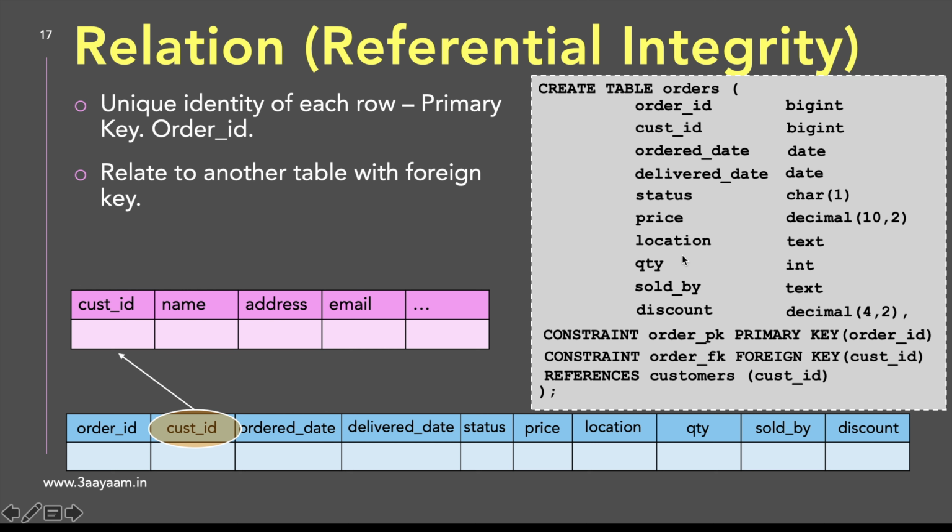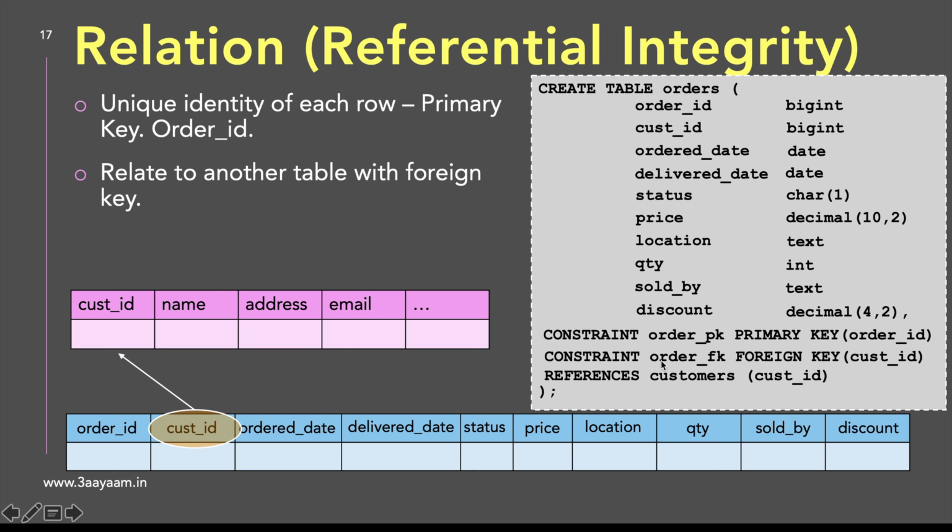Otherwise, the reference would not happen. Otherwise, the pointer cannot be created. Because in this table definition, I'm saying that the orders table is related to customers table using the customer ID. But if the customers table is not there, then this create table statement will give you error.